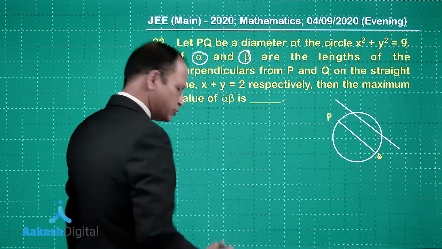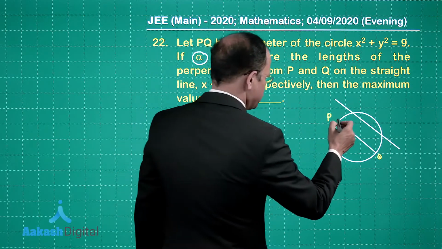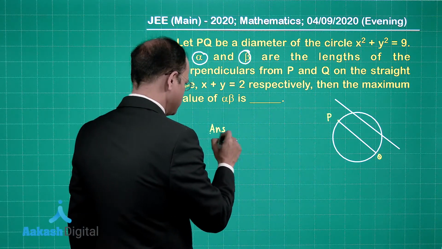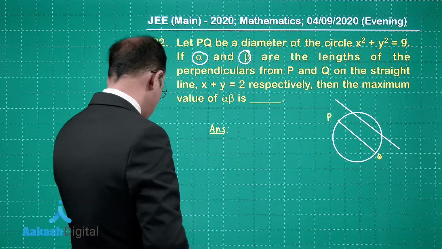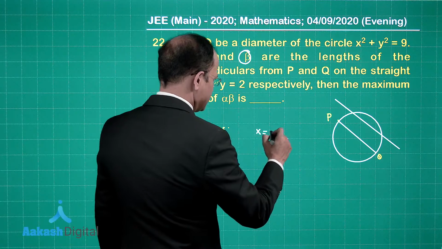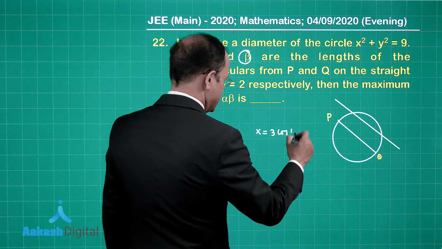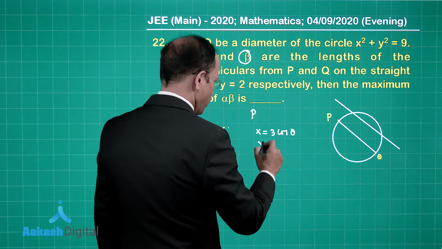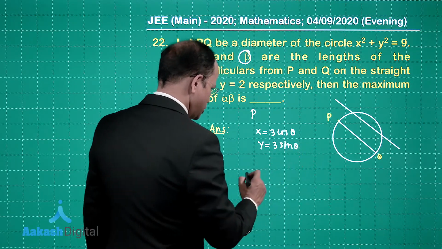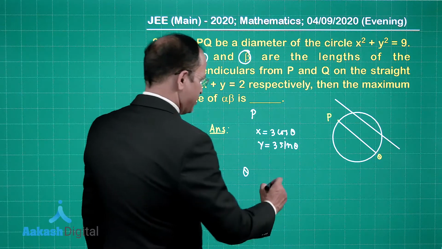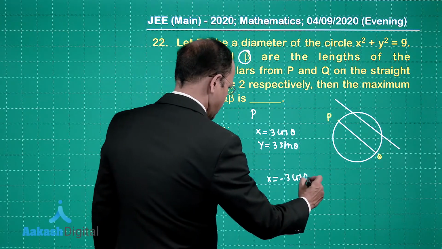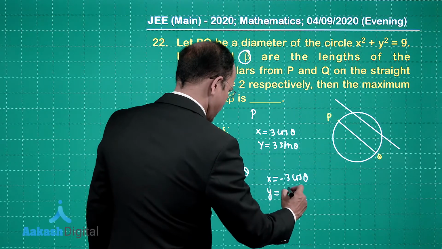Now if I talk about the points here, P is going to be what? So let me take the parametric points here, right? If I talk about the parametric points, x is going to be 3 cos theta, 1 point. Let me take point P as this. Y is equal to 3 sin theta. And let us take Q point where we have x is equal to minus 3 cos theta and y is equal to minus 3 sin theta.